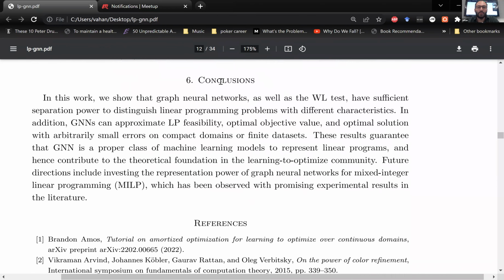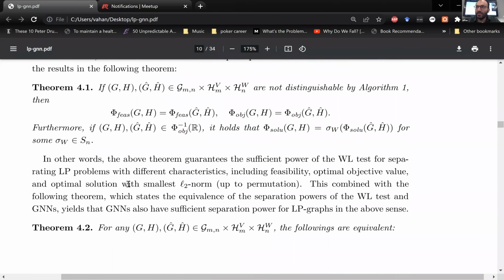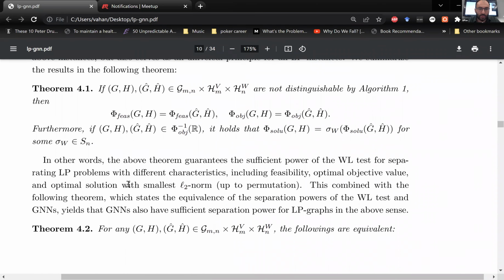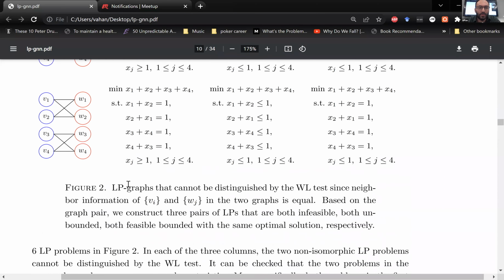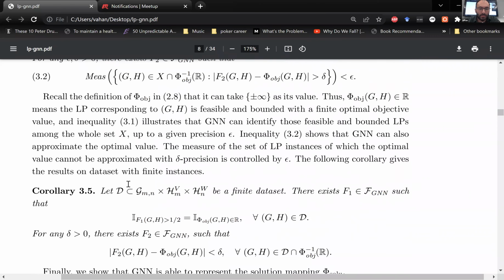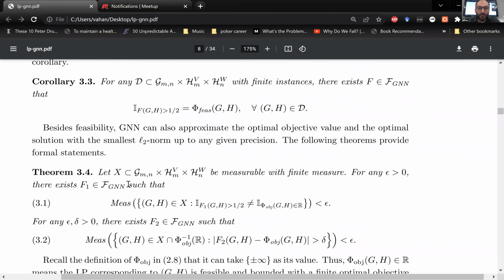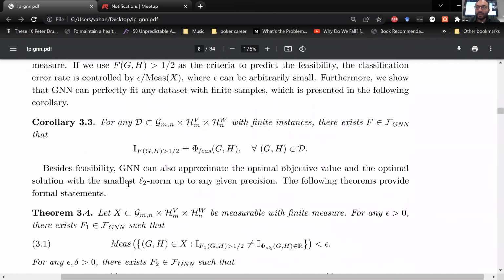And in conclusions, future work, mixed integer linear programming. Very obvious thing. Now, I was thinking, why wouldn't mixed integer LP work? If I understand the measure theory correctly, I think the problem is with defining a measure. Somewhere here, there is a result that depends on the boundedness of the measure.